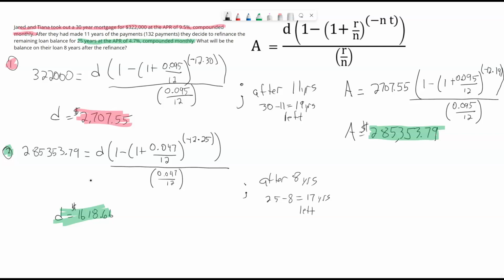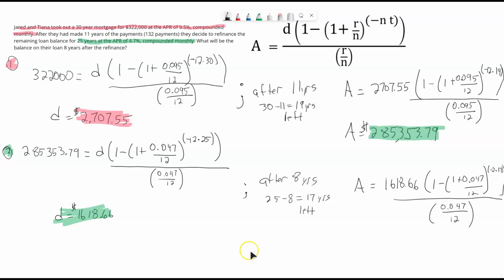So we ask the formula, had we paid this monthly payment at the second mortgage 4.7% for the remaining 17 years, how much would we have paid off? And this will be how much we owe after the 8 years of making payments. Again, after 8 years, we will have 17 years left.